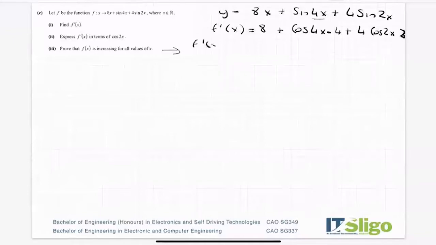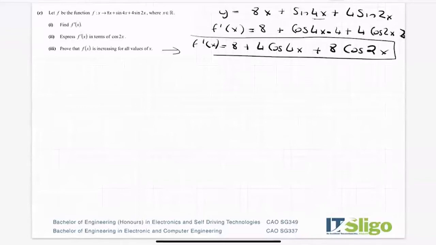So f dash of x is equal to 8 plus 4 cos 4x plus 8 cos 2x. Just like convention, we bring the numbers in front typically, and we put the trig functions towards the end. So no real difference between that line and that line, it's just written a bit neater.